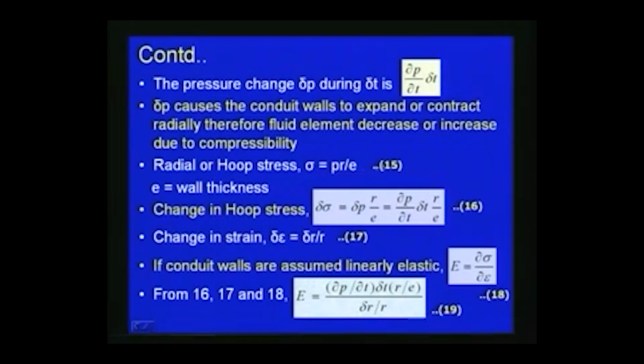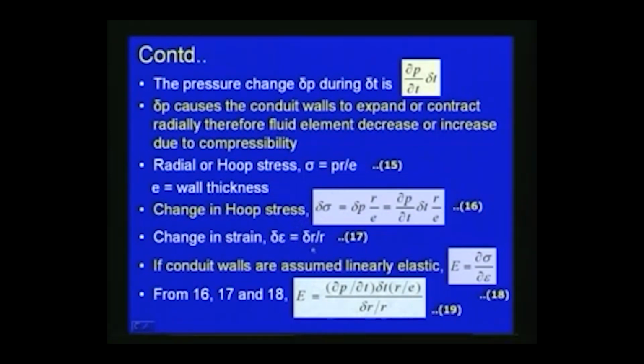So, that we can write sigma is equal to P R by e as in equation number 15, and then the change in hoop stress we can write delta sigma is equal to del P into R by e. So, that is equal to del P by del t into delta t into R by e as in equation number 16.